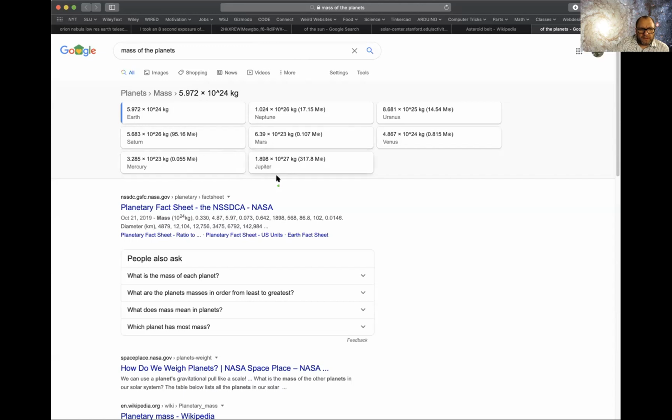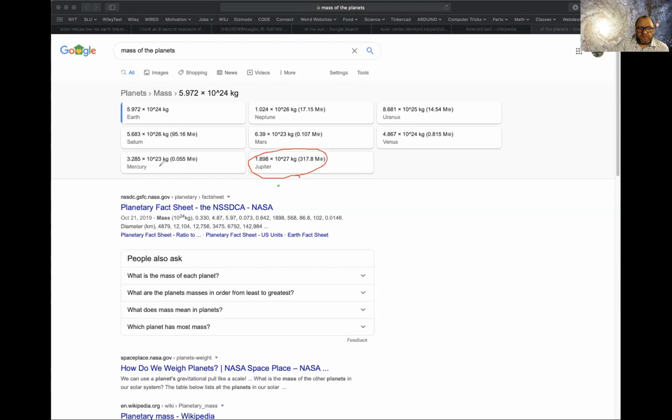There's Saturn, Jupiter. So Jupiter is 10 to the 27 kilograms. That is completely massive. And the closest one to that is Saturn. Saturn is 5.6 times 10 to the 26 kilograms. Okay, so that means that really the center of mass is mostly going to depend on Jupiter and the Sun.